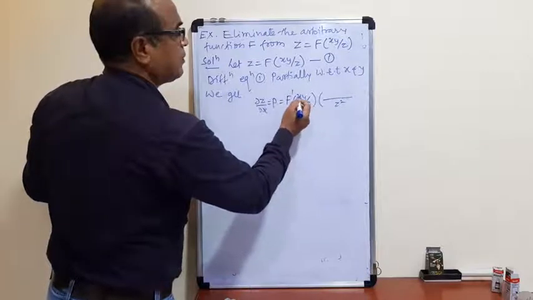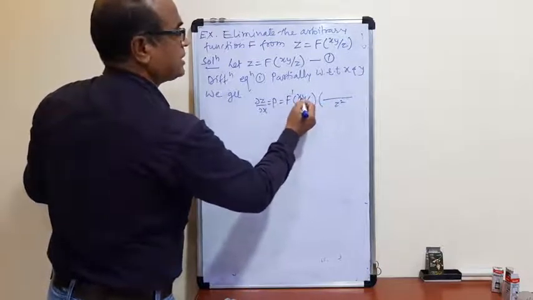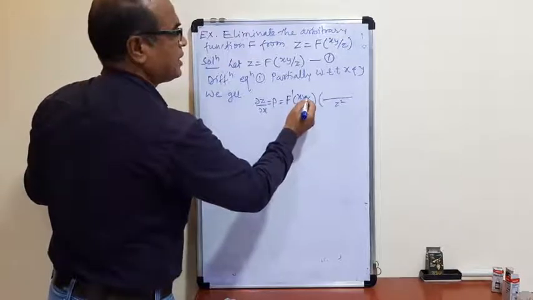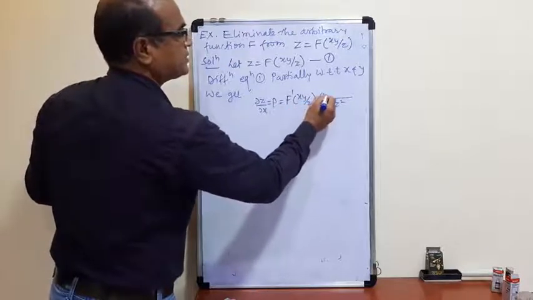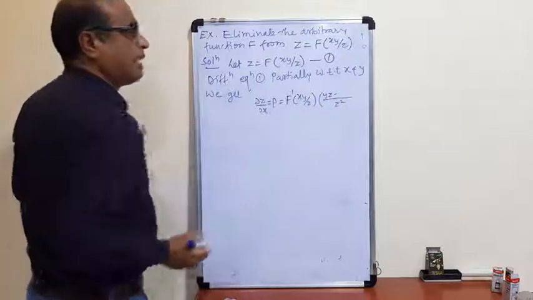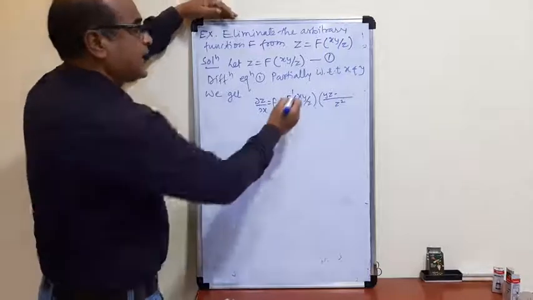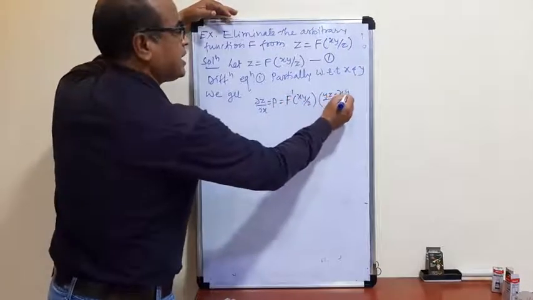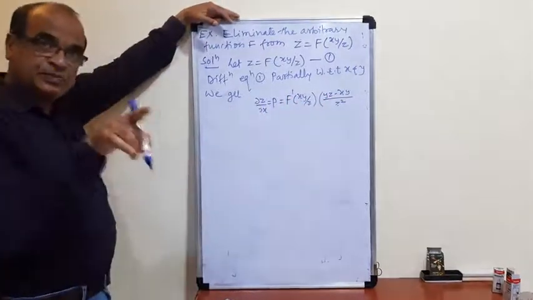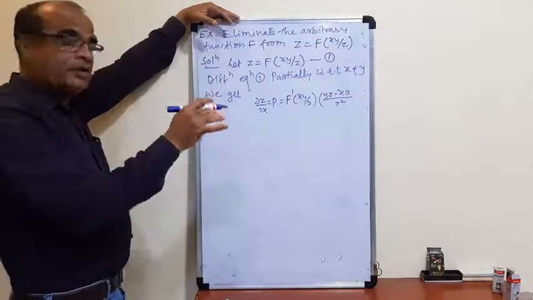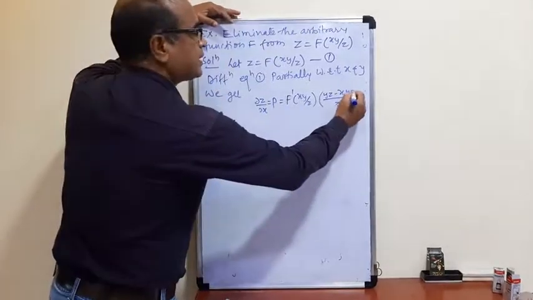Then what is the derivative of xy with respect to x? Derivative of x is 1, y as it is, and z as it is, so y z, minus xy as it is into derivative of z with respect to x. So dou z by dou x, that is p here.